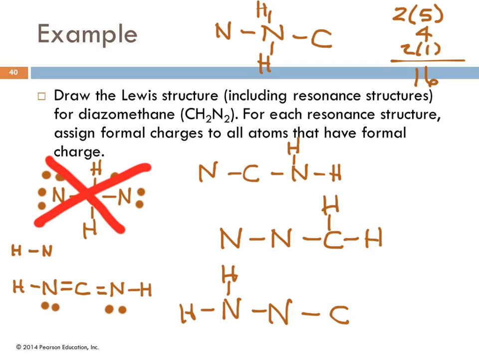Well, we'll have to move the lone pair around too. Can we do that? Yeah. And if we did that, we could also do the other with a triple bond over here.